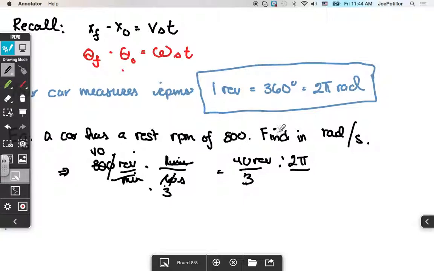Kill the revolutions. 40 times 2 is 80. 80 divided by 3, just leave it alone. So it ends up being 80 pi divided by 3 radians per second.